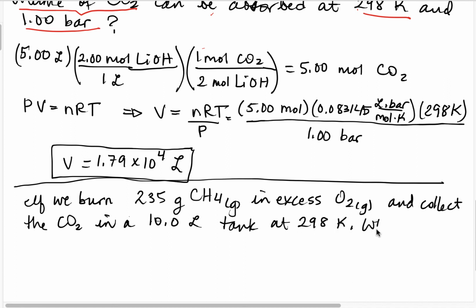And we will ask, what is the pressure of the tank? So why don't you see if you can solve this problem, and then I'll walk through it for you.